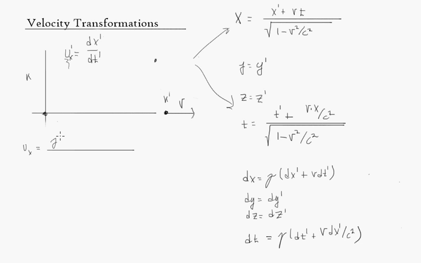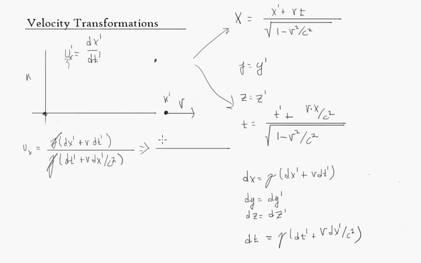So we have gamma times (dx prime plus v dt prime) divided by gamma times (dt prime plus v dx prime over c squared). And from here we're going to divide both the numerator and denominator by dt prime, and also notice how the gamma factors conveniently cancel out.